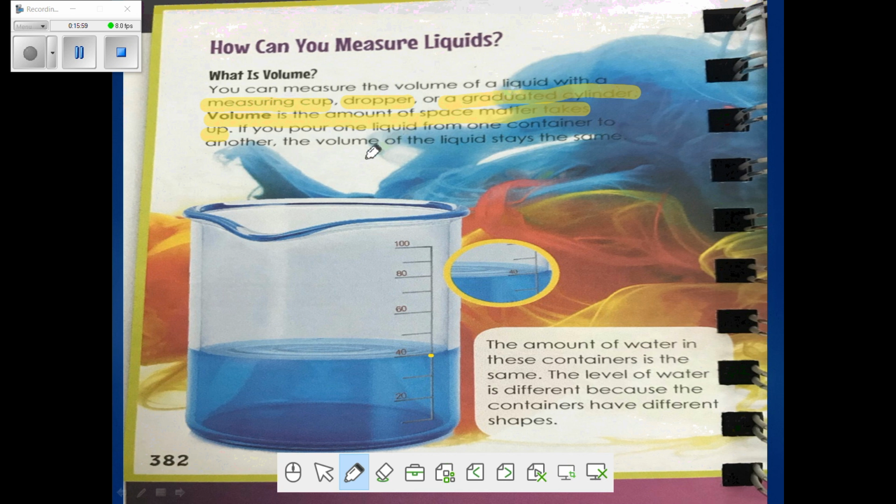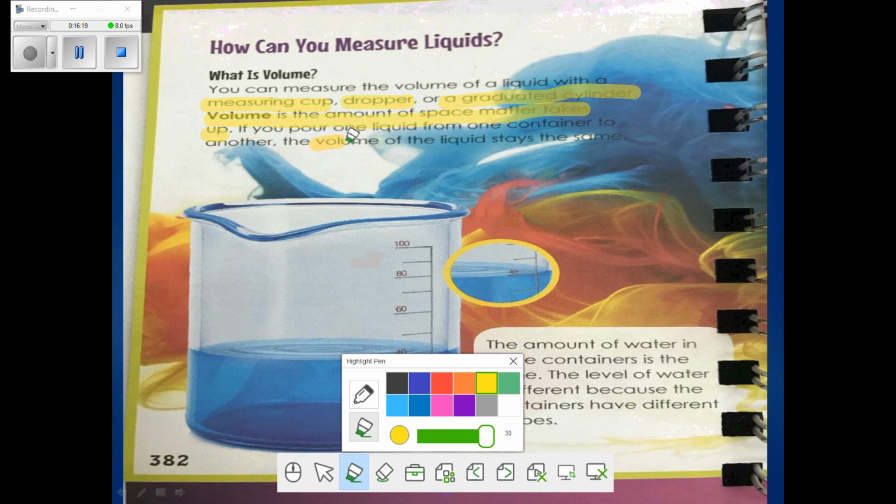So, if I pour one liquid or the water from one container to another, the volume of the liquid stays the same, but the shape, we have to highlight this one.